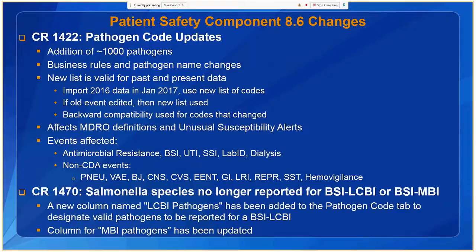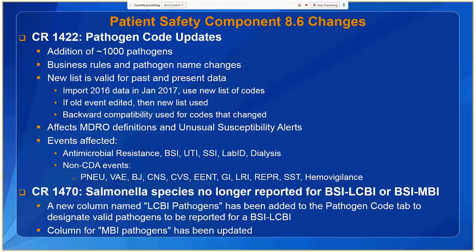This also affects the MDRO definitions and unusual susceptibility alerts tabs, so make sure you look at those in the IDM. And events affected are antimicrobial resistance, BSI, UTI, SSI, lab ID, and dialysis. So non-CDA events are those listed that it actually affects also.